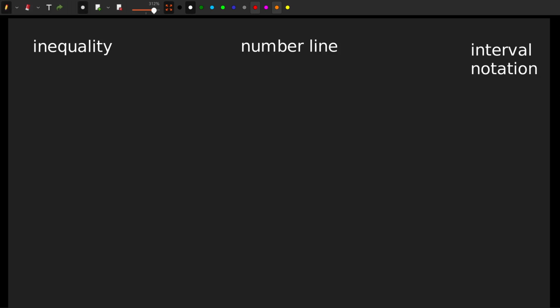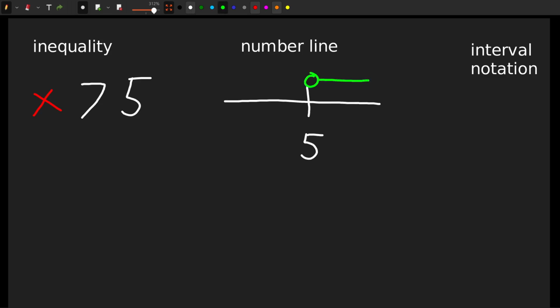So suppose I have x is greater than 5. This could be a possible answer. It's our inequality answer, but we also have a number line answer that would look something very similar to this. Where we note 5, and then we say it goes on and on to infinity, and it's an open dot.